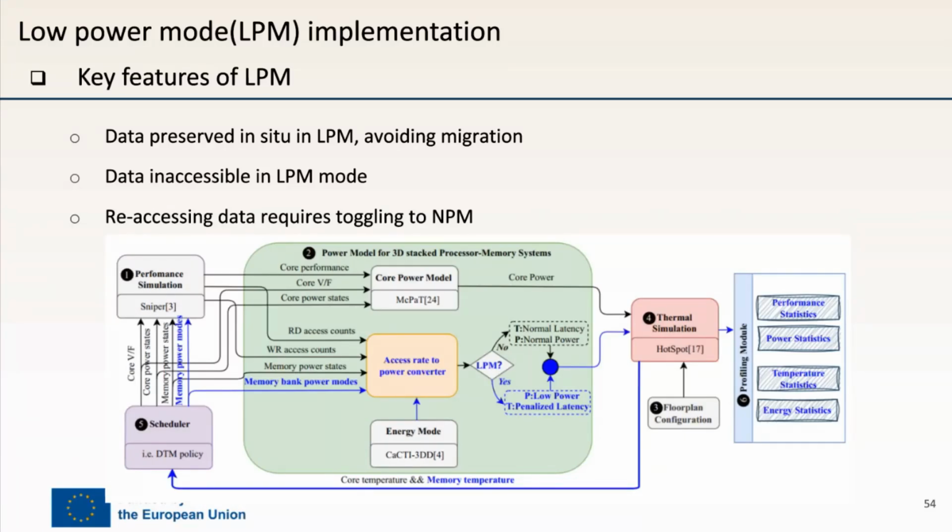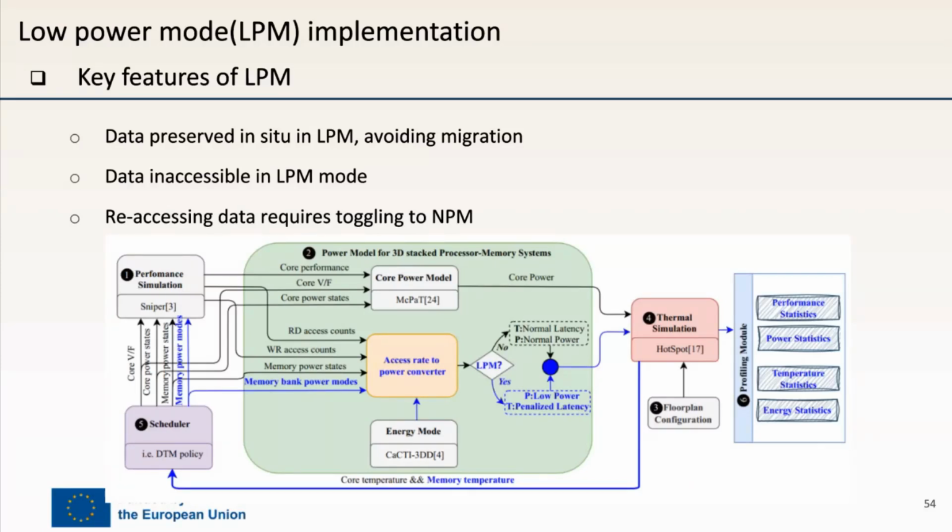But with this constraint, when the memory bank is switched to the low power mode, the data is inaccessible, and we only consume a tiny amount of power to keep this data. And if we want to reaccess the data, then we need to reactivate this memory bank and fetch the data, which increases the latency. So this low power mode design is also not free.